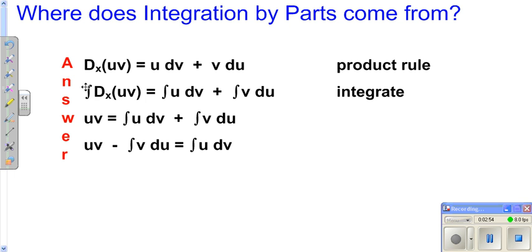When you integrate your derivative here, these two really undo each other, and so you're just left with u dv equaling this stuff here. If you get this right here by itself, by subtracting this from each side, you get your integration by parts formula. So it's really just from integrating your product rule.